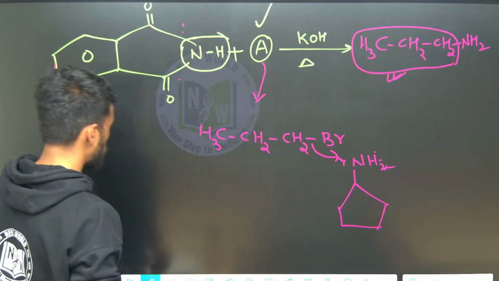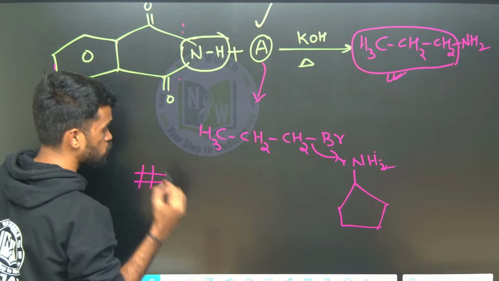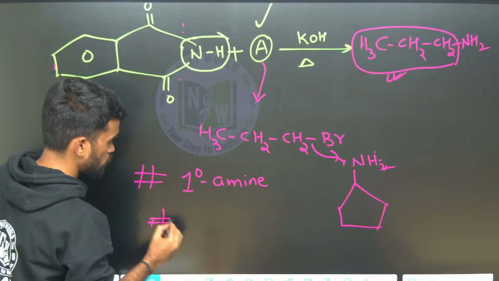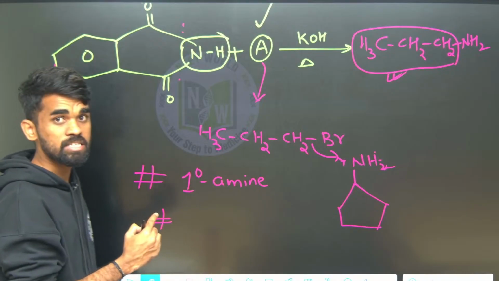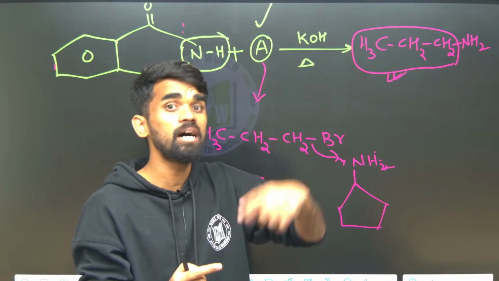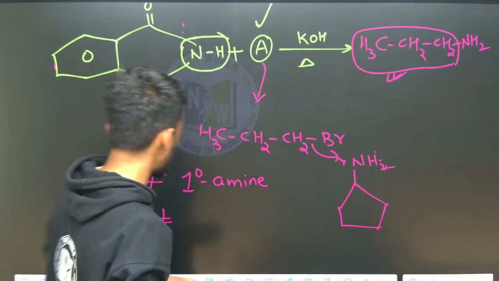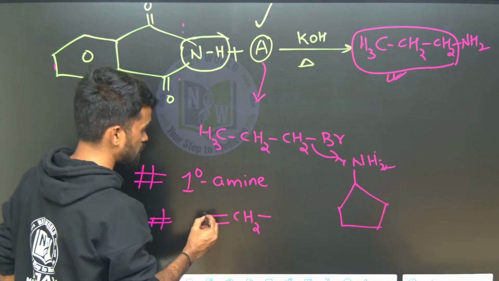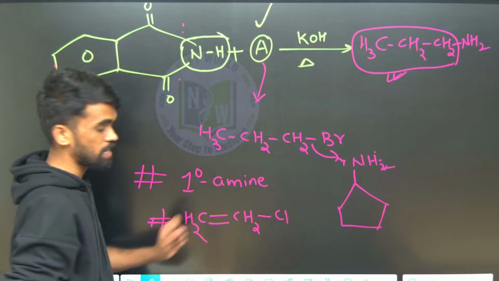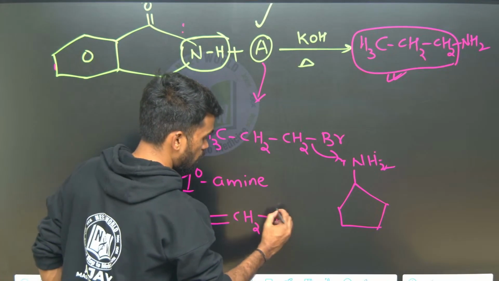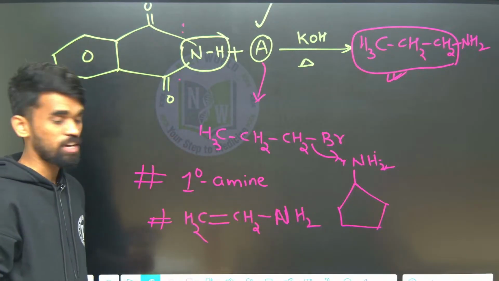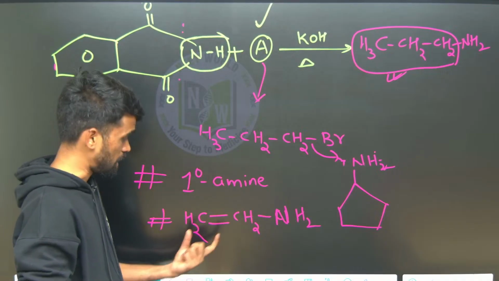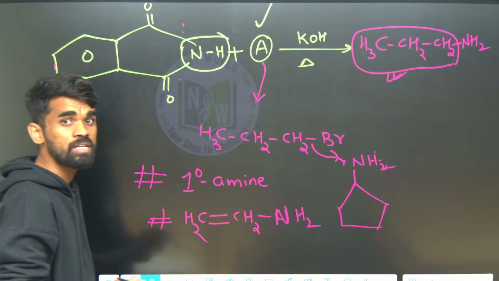So what is the thing I have told you about Gabriel phthalimide synthesis? It is only suitable for preparation of primary amines, and you cannot use this reaction if substitution is not taking place on the alkyl halides or aryl halides. For example, this reaction is not suitable for preparing these things, like vinyl chlorides. I cannot produce this kind of product because the chlorine present on this ethylene group, vinyl chlorides, are not involved in nucleophilic substitution.